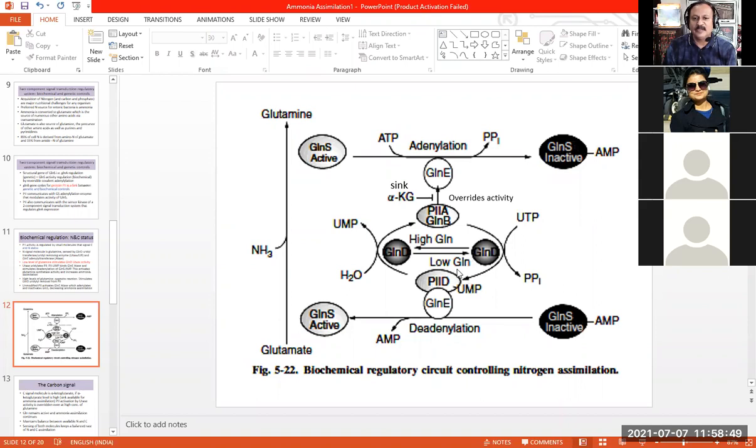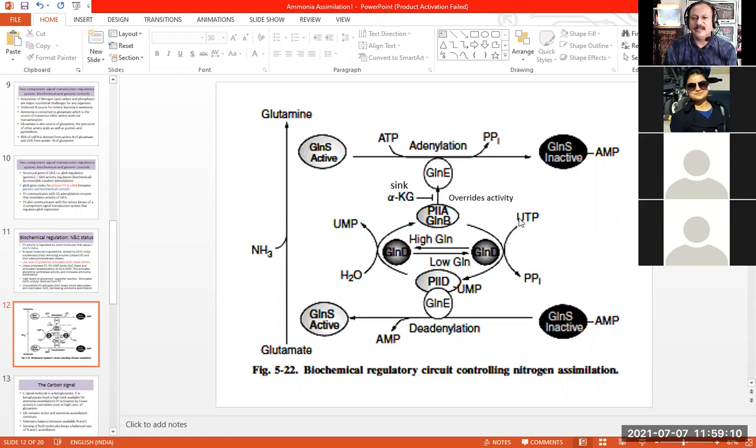Just look here. When there is a low concentration of glutamine, this sensor kinase will sense it. It is a sensor, so it will sense the low concentration of glutamine. It will cause activation of the P2 molecule in such a way that P2 will be uridylated. Can you see the UTP here?